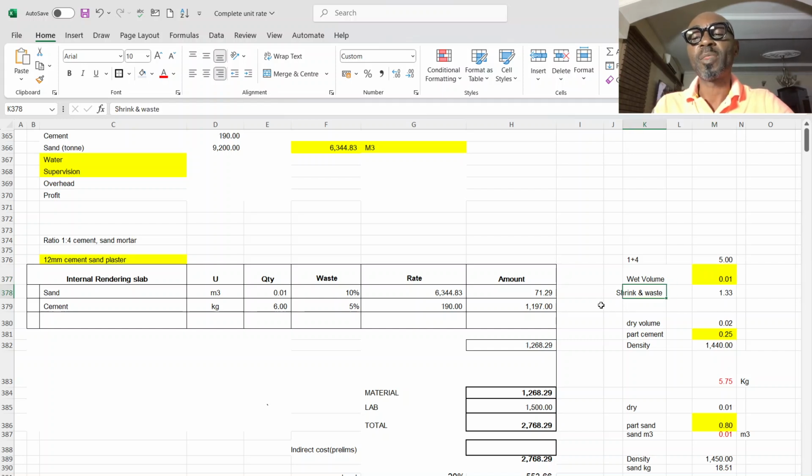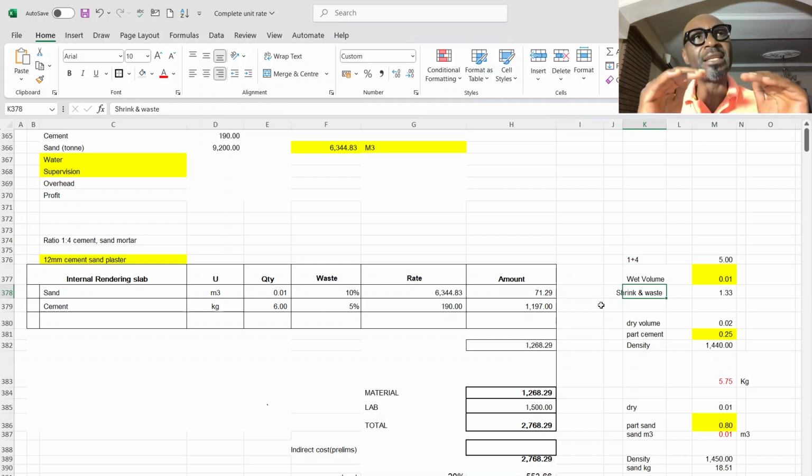Then we need to apply some percentage for shrinkage, because if sand is in its dry state and you fill it in the bucket and now pour water in it, it is going to settle.